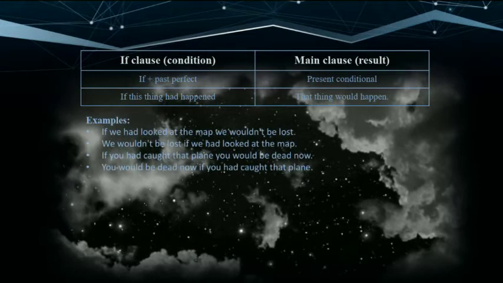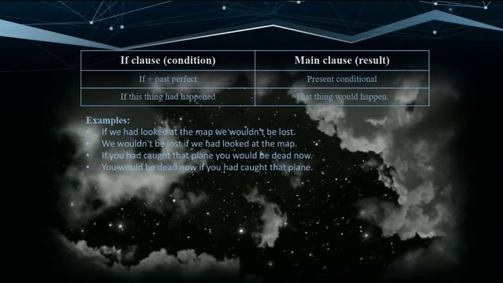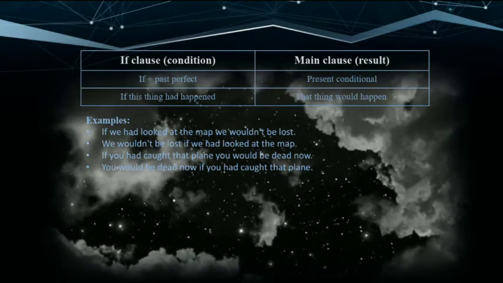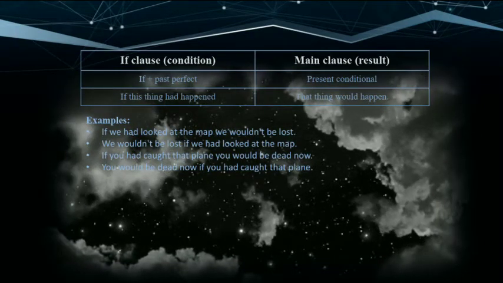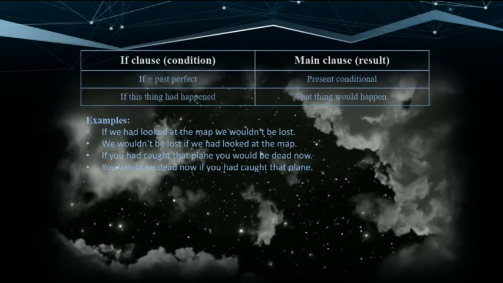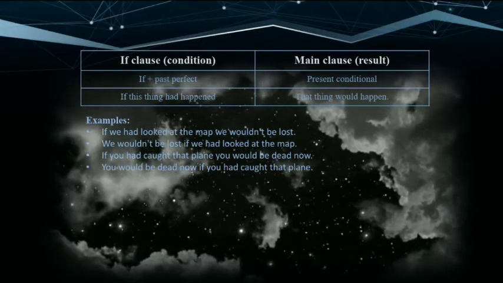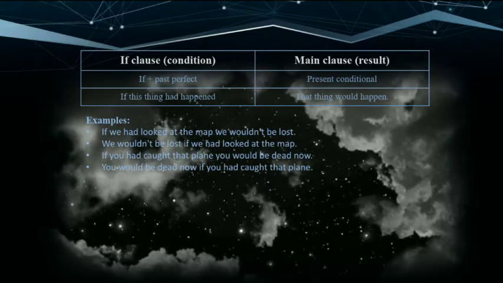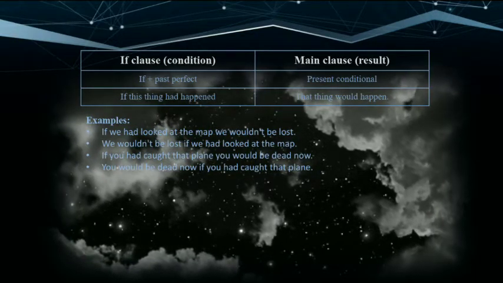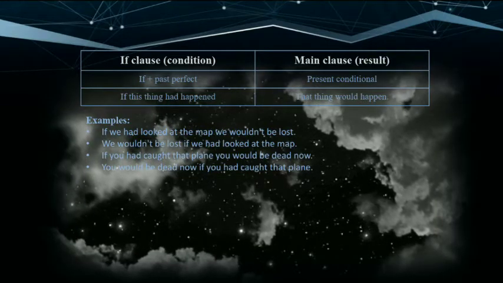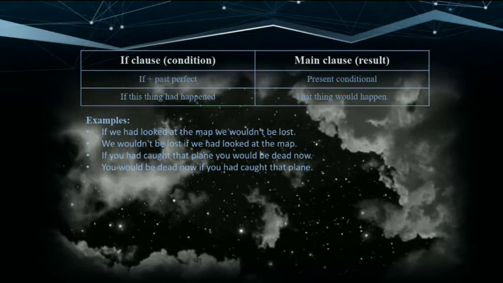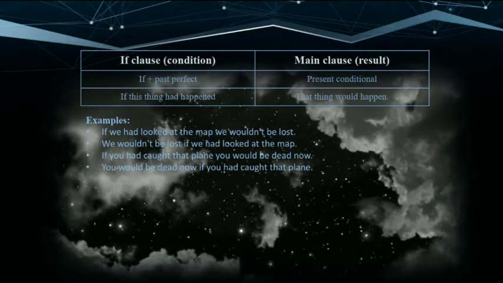For examples, if we had looked at the map, we would not be lost. We would not be lost if we had looked at the map. If you had caught that plane, you would be dead now. You would be dead now if you had caught that plane.